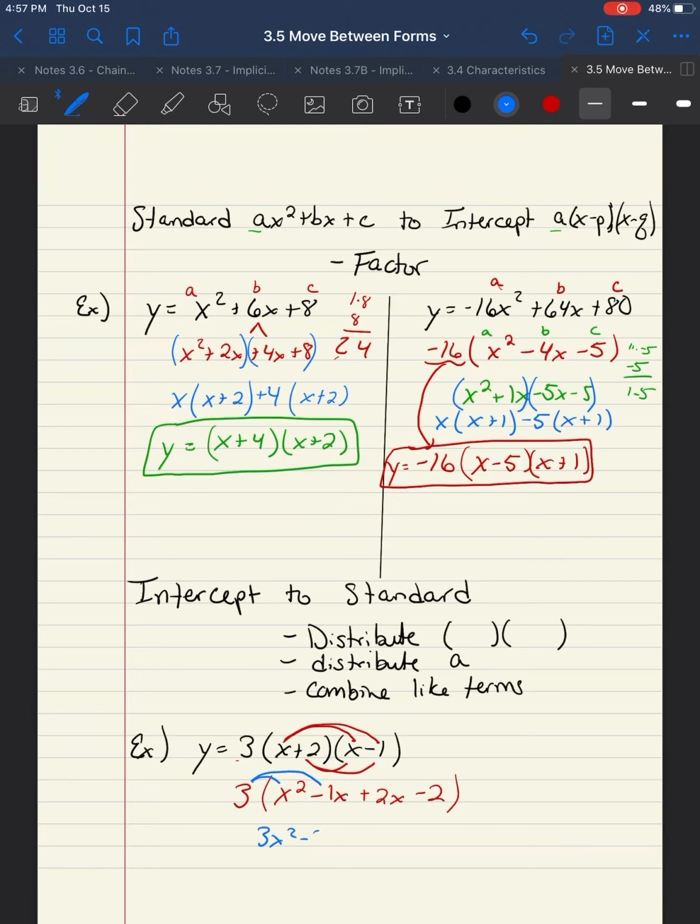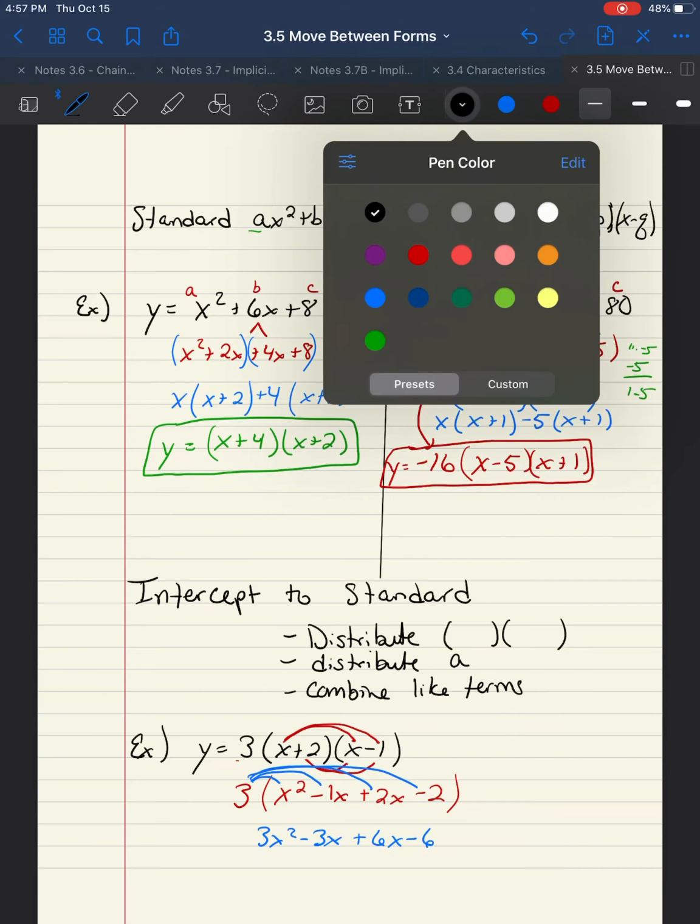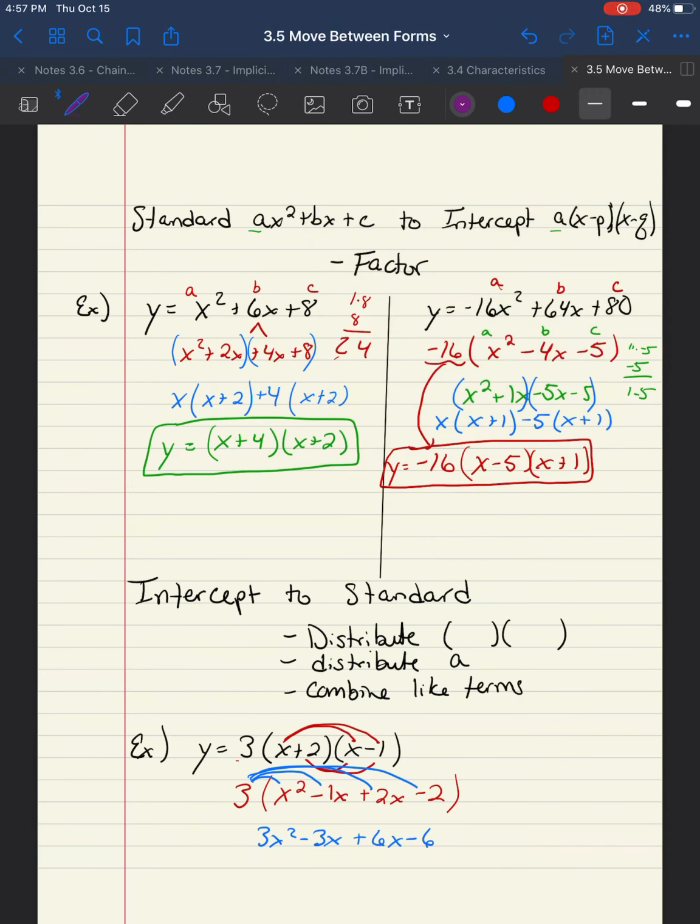But now, I have to take this 3 that was in front, the a value, and I'm going to distribute it to this set of parentheses. 3 times x squared is 3x squared. 3 times negative 1x is negative 3x. 3 times 2x, and 3 times negative 2. And then last but not least, combine like terms.